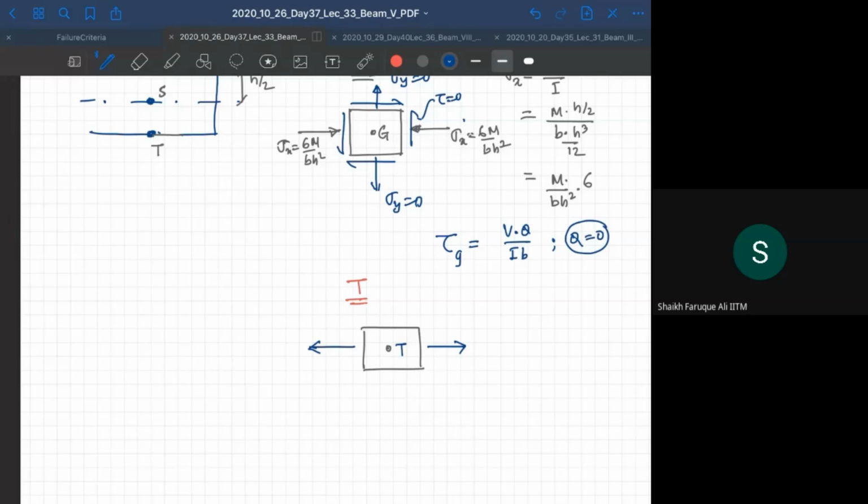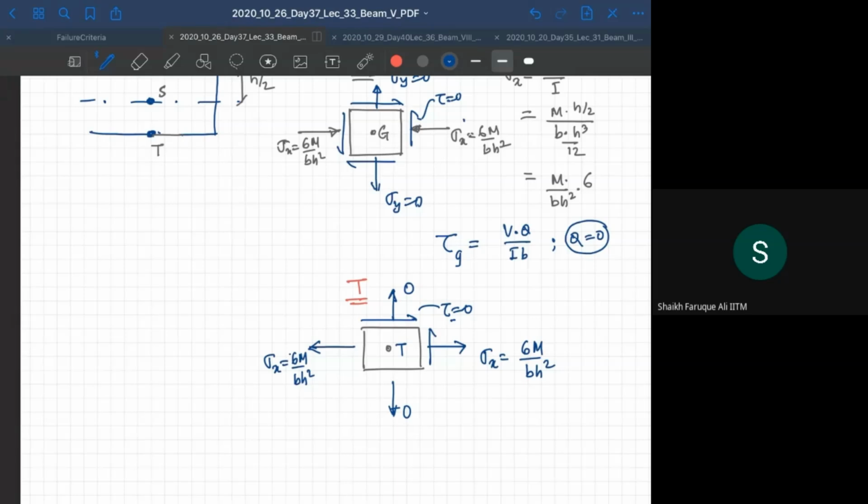I make a lot of mistakes like this. So here also sigma x equal to 6M by b h square. Sigma y is 0. And tau is 0 also. Tau at T is equal to 0.